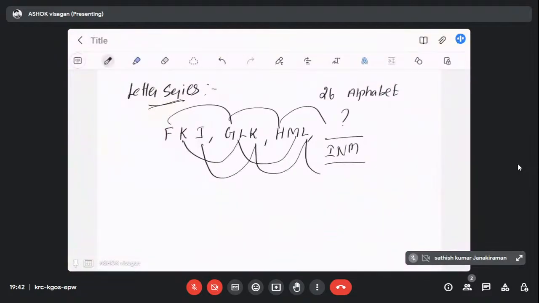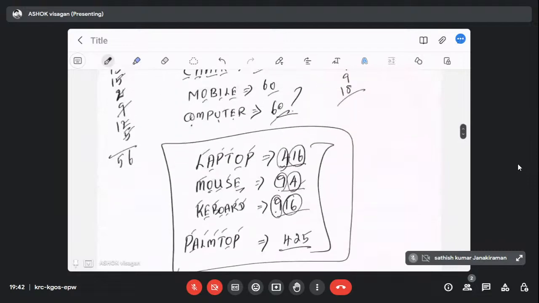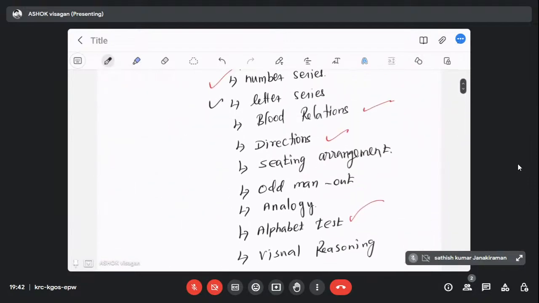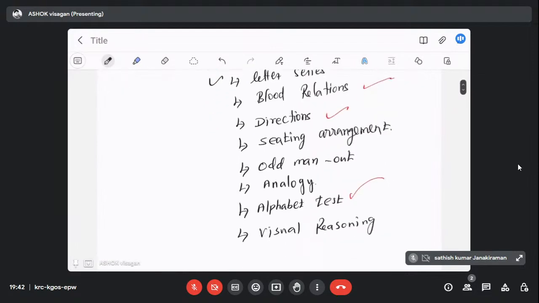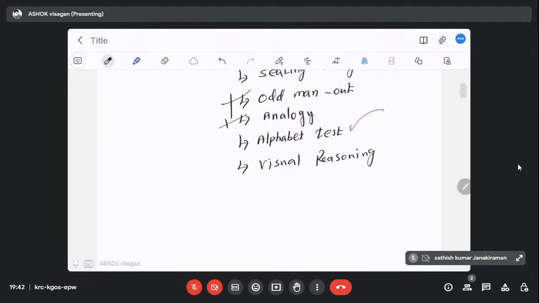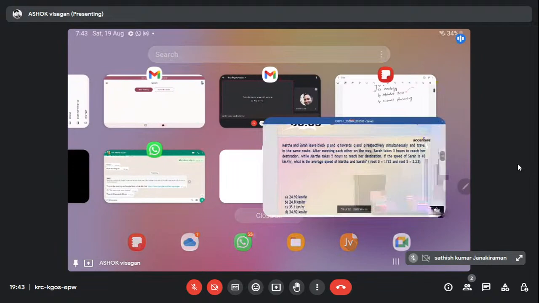So we'll move to the next one. So the letter series, very easy topic only. We have seen some examples on letter series. And the next topic is based on this letter series and number series. I will explain what is odd man out and analogy together. Just to check the same thing only.